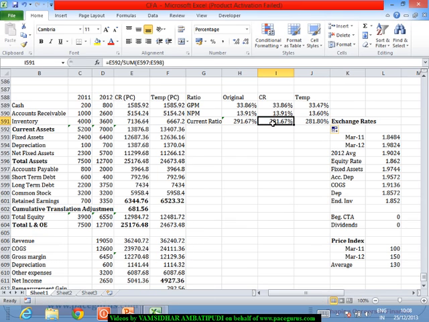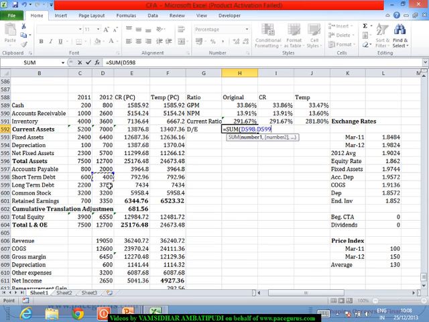In the current rate method also this is the ratio, whereas in the temporal method it is changing. Similarly, look at the debt to equity ratio. The debt, I take both short term as well as long term debt, divided by the equity. The total equity part is what I consider.